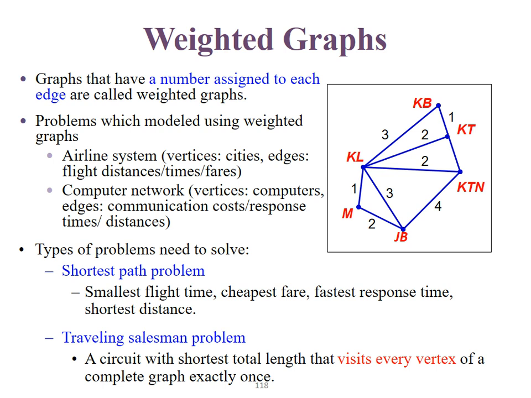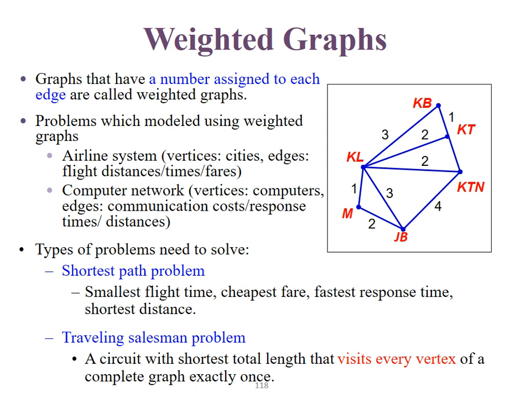If you remember what I mentioned about the traveling salesperson problem, we have a graph with the cost along the edge. In this case, we have different vertices, for example KL and JB, and then we have the edges connecting different vertices.